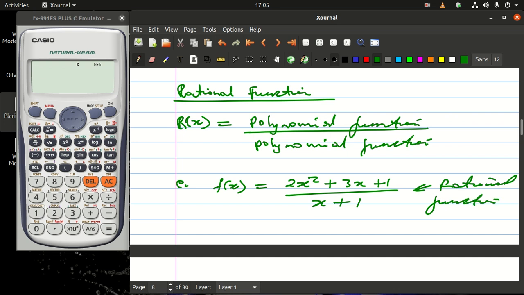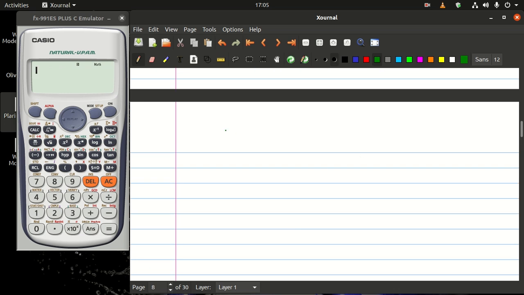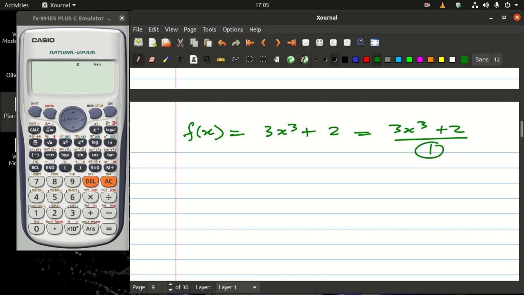Right, rational function. And if you look at f of x is equal to 3x cubed plus 2, take note of this. This is the same as 3x cubed plus 2 divided by 1. 1 is a polynomial. Remember that 1 is the same as 1, a real number, times x to the exponent 0.